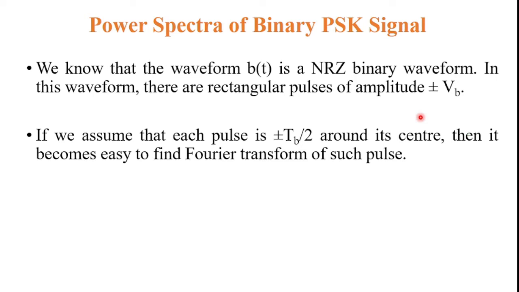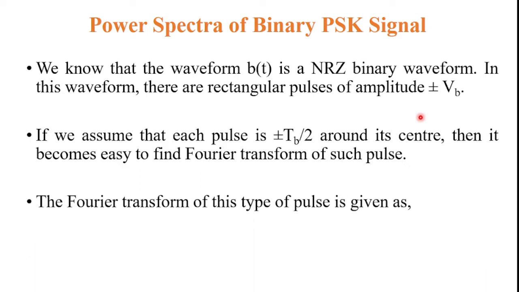If we assume that each pulse is Tb wide, where Tb is the bit duration, and centered at the origin, then it becomes easy to find the Fourier transform of such a pulse.